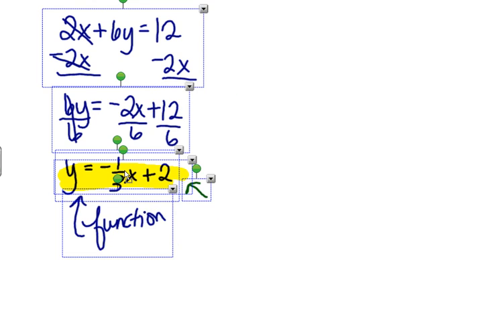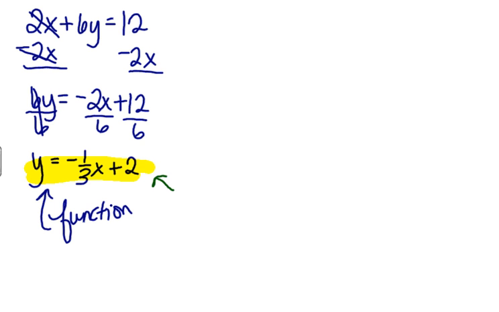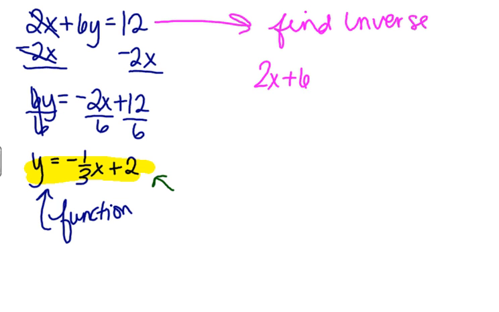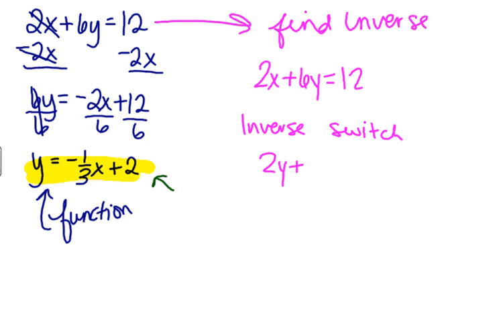Okay, so we've got this, right? I'm going to take this guy and find my inverse with him. My original is 2x plus 6y equals 12, right? So to find the inverse, I'm going to switch. So I'm going to have 2y plus 6x equals 12. Notice what I did there.